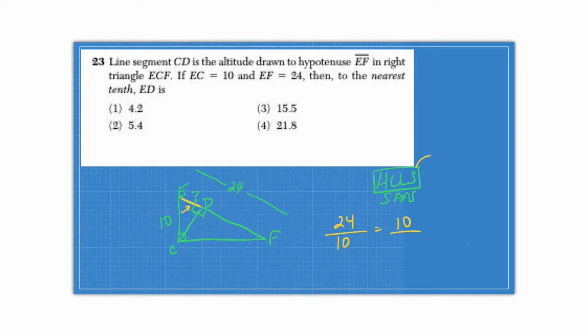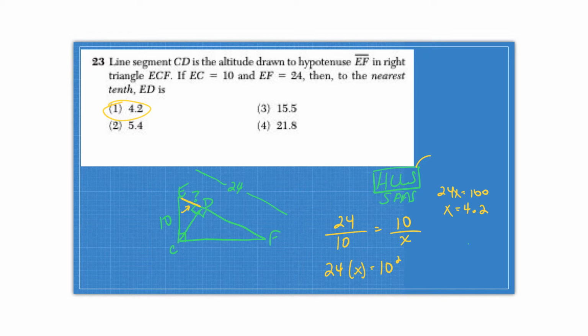So that would be ED. So 24 over 10 equals 10 over x. In other words, the hypotenuse times the piece is equal to the leg squared. So we get 24x equals 100. And when we divide by 24 on both sides, we'll get that x is equal to 4.2 for choice 1.